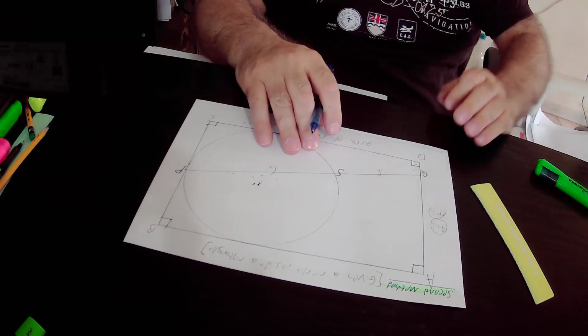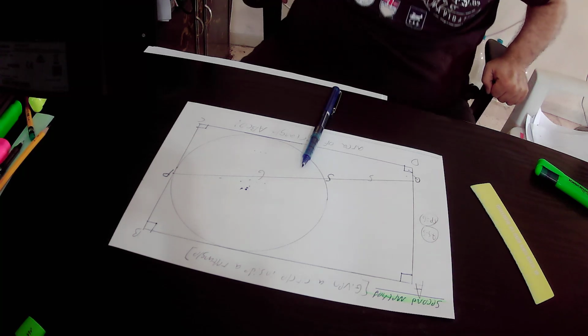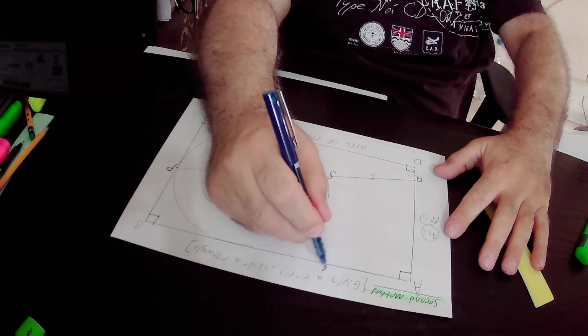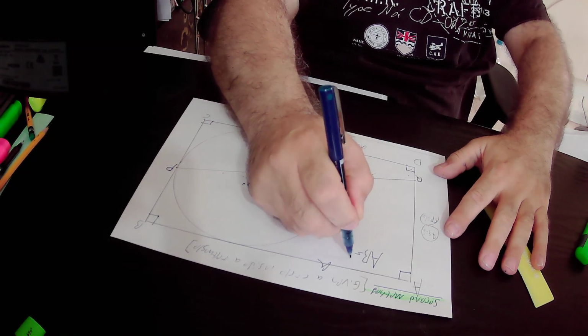As we did in the first method, we define the length AB as A. AB equals A according to our definition.